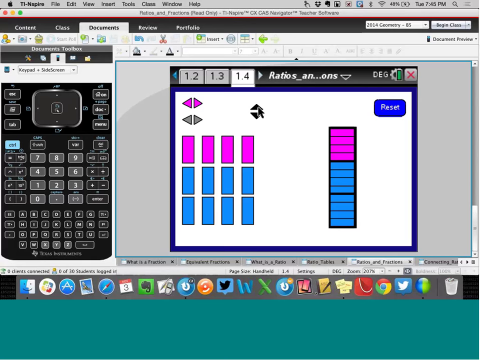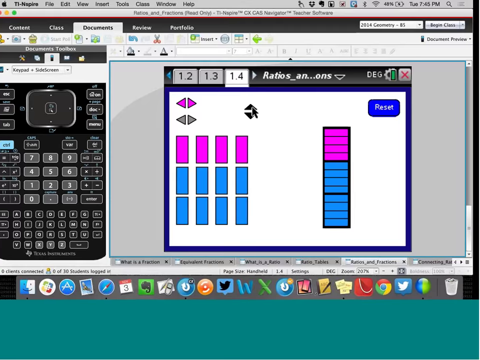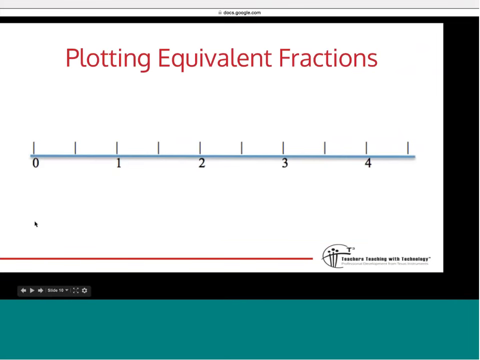I'm going to mess up on these, I'm sure. 9/6. So those are some equivalent fractions we could look at. And as y'all mentioned earlier, since fractions represent a specific number, they can be plotted on a number line. So I want us to consider what those equivalent fractions, 3/2, 6/4, 9/6, might look like if we plotted them on the exact same number line.